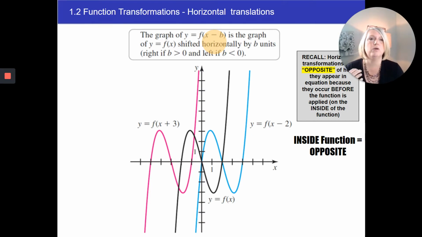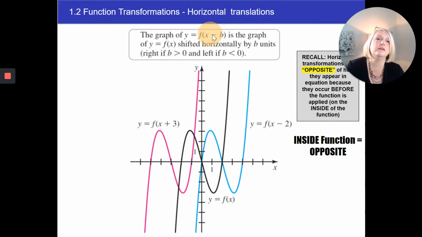So you have to undo the minus b to figure out what happens, and that's why it ends up being reversed: what would you put into this to get the original input that you would have had to the function? So it always ends up being opposite of what is happening. So this minus b, if b is positive, it would be minus like 2. If b is, I think I typed, is this typed in wrong?